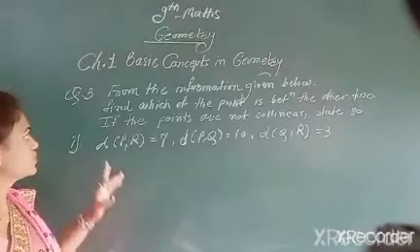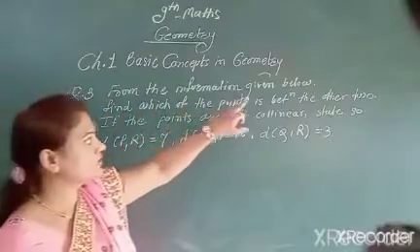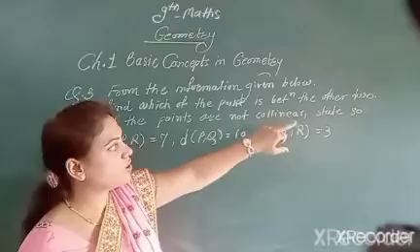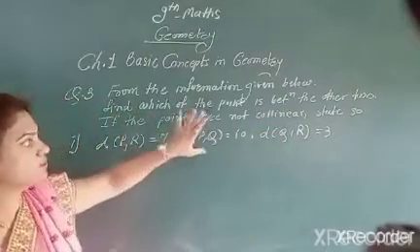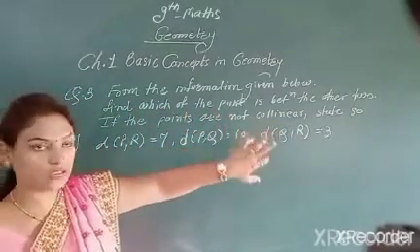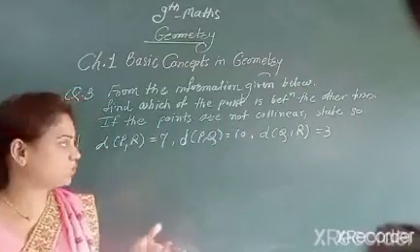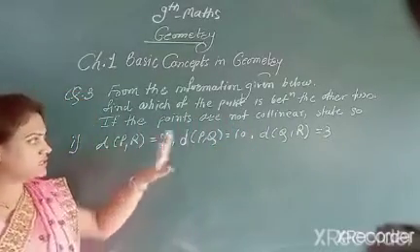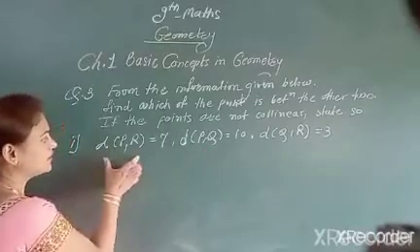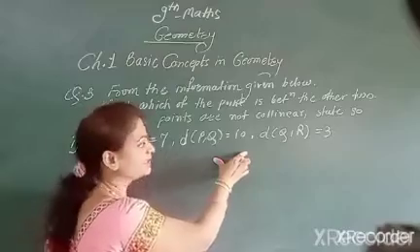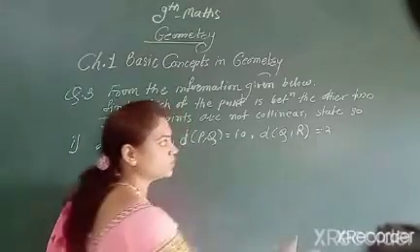Okay. The next question is, from the information given below, find which of the points is between the other two. Find which of the points is between the other two if the points are not collinear, and state so. You have been given some distances. Here distance PR is equal to 7, distance PQ is equal to 10, and distance QR is equal to 3.